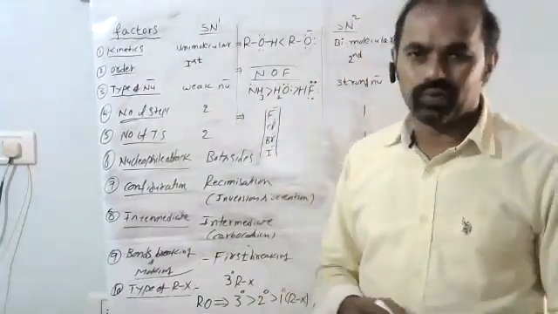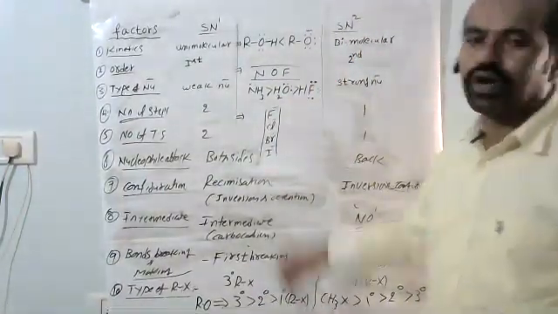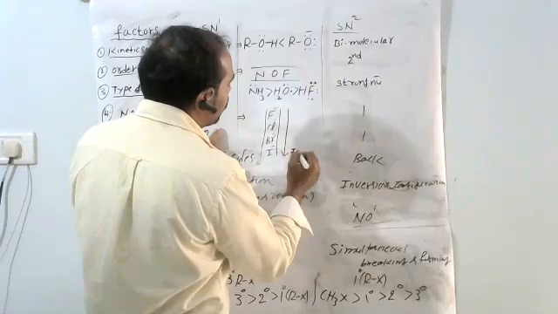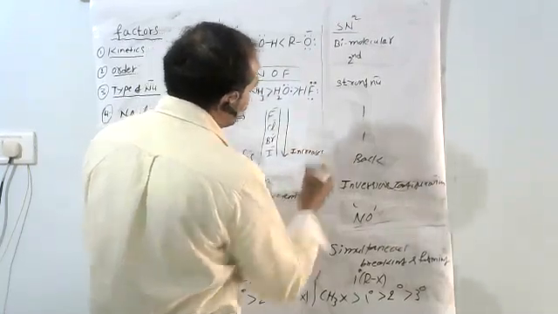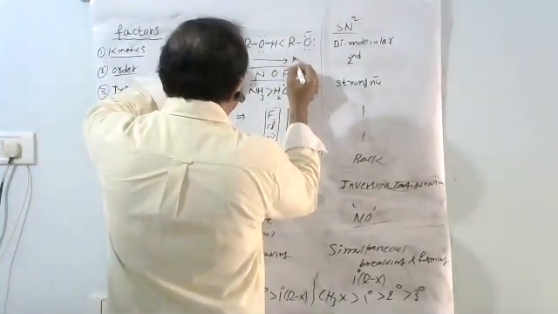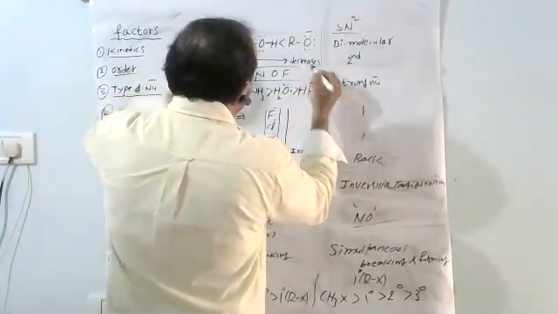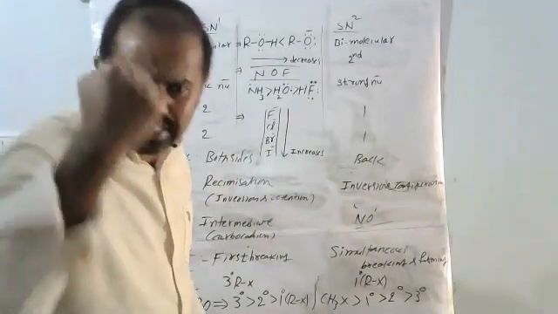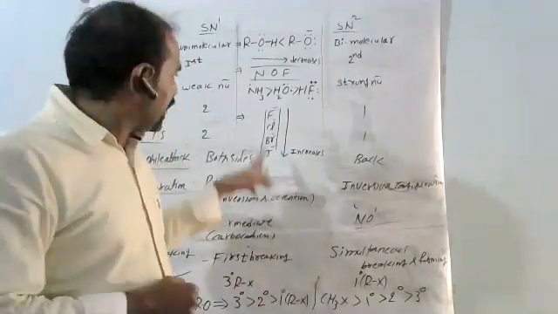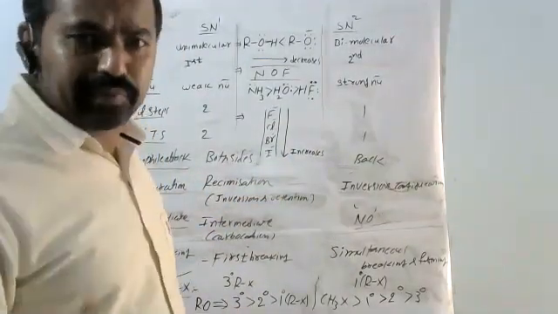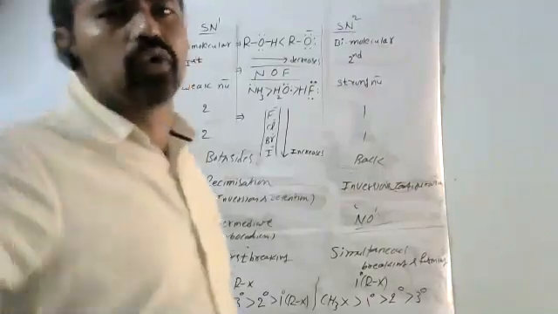Down the group, the nucleophilicity strength increases. Here, left to right, it decreases. But down the group, nucleophile strength increases. Based on this, they may give one question: F minus, Cl minus, Br minus, I minus. Which is the stronger nucleophile?